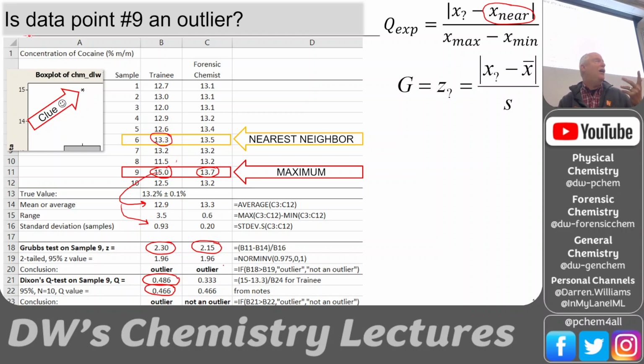So it's an outlier according to the Grubbs test, but according to the Dixon's Q test, it's not. So here we have opposing opinions, Grubbs versus Dixon, on that data point, and so we would probably keep it. It may be at 95% confidence an outlier, but probably not at 99% confidence.